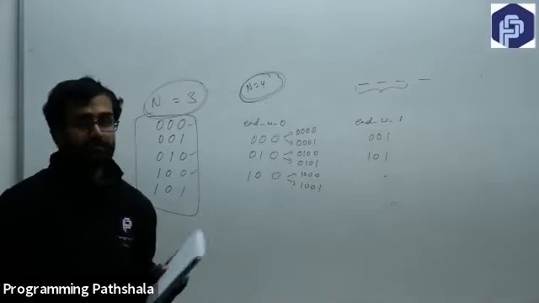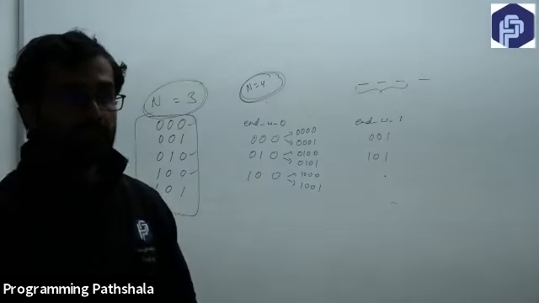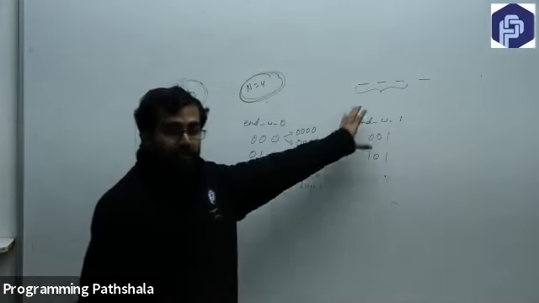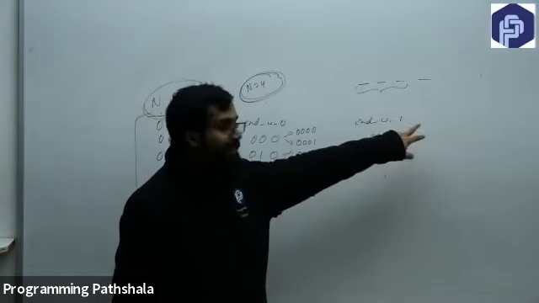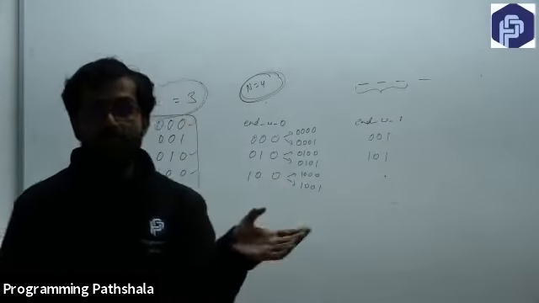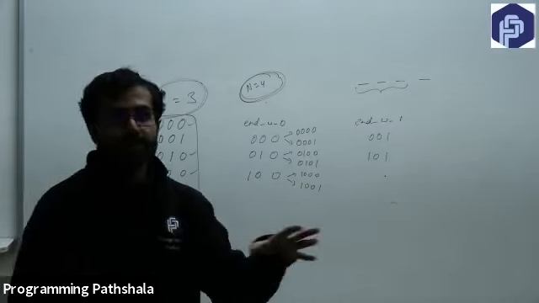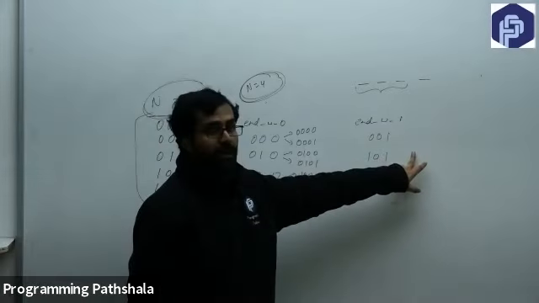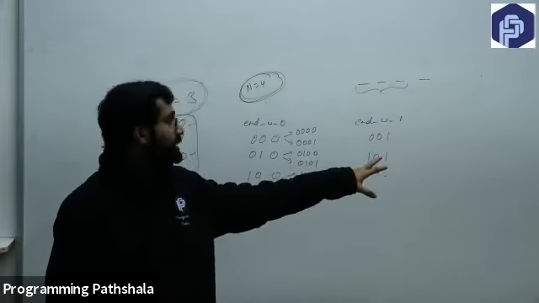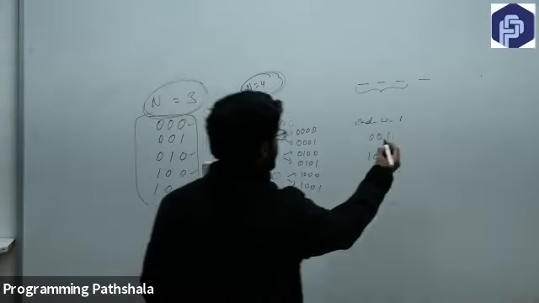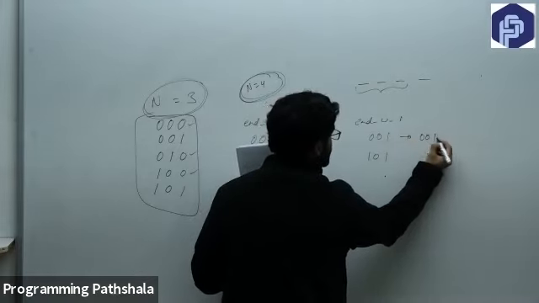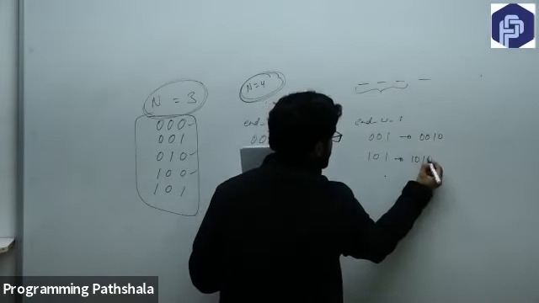Is it not? But out of all those bit strings that are ending with 1, can I generate 2 children, one ending with 0, one ending with 1? No, because the moment you generate the one that ends with 1, this rule will get violated. You will have adjacent ones. Okay, so from here I can just generate 0, 0, 1, 0 and 1, 0, 1, 0.